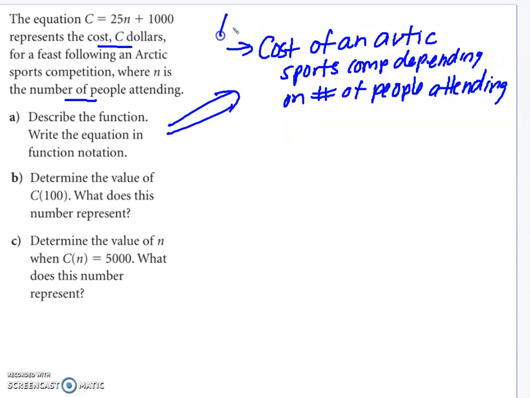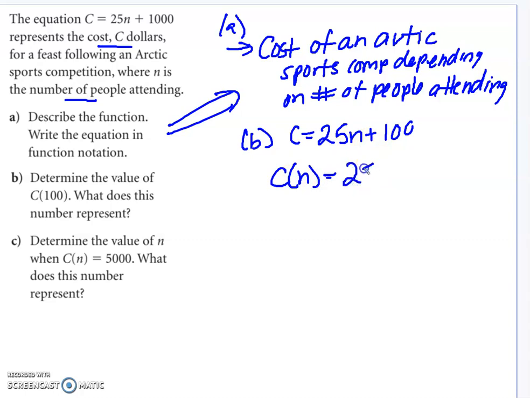And then if we want to write this in function notation, it's currently in two variables, so we need to change this to now have the domain value in a set of brackets right beside C.